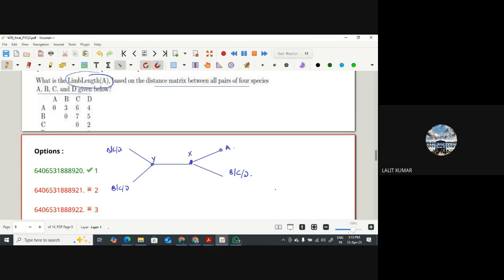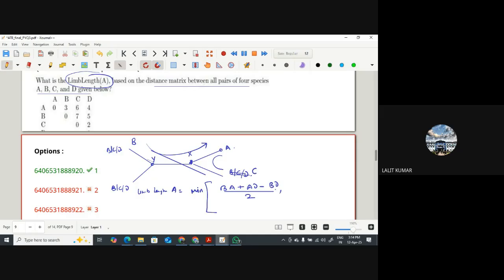So the limb length of A will be equal to the minimum of all the combinations. You start here with B and you take D. So it will be BA plus AD minus BD divided by 2. Okay. Then you take BC.